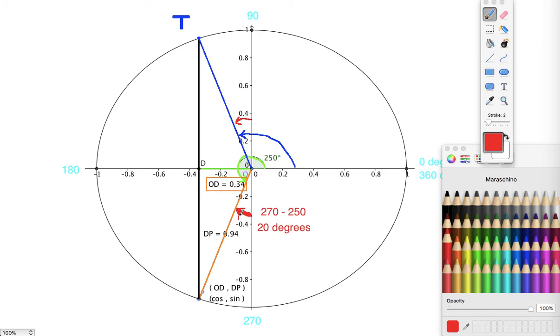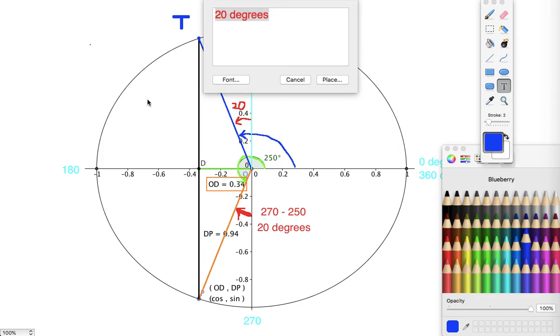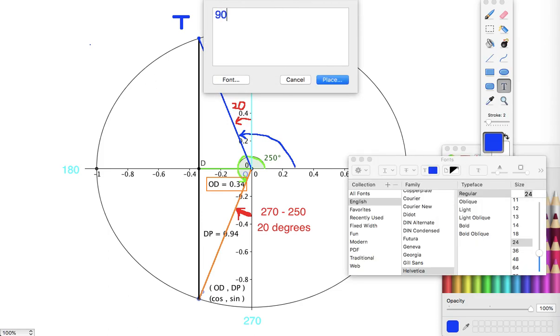Okay, so if that's 20 degrees, that means up here this is 20 degrees. Since my vertical line right here is 90 degrees, and then the red arrow to the purple is 20, that means my purple is 90 plus 20 degrees, or 110 degrees.